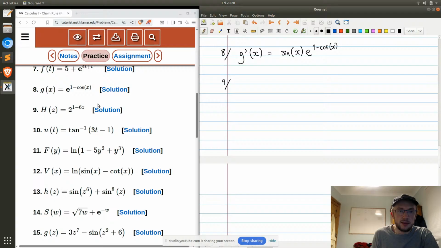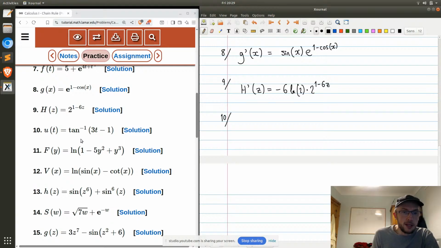So to differentiate the outside function, h prime of z would be ln of 2 multiplied by 2 to the 1 minus 6z. But then we have to differentiate the inside function. So that would actually be minus 6. Minus 6, just like that, I believe. I haven't checked yet, so I don't know.